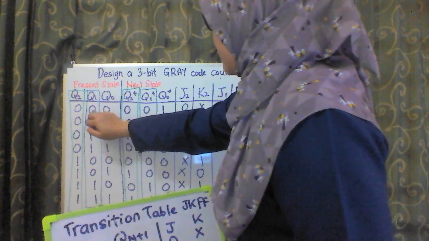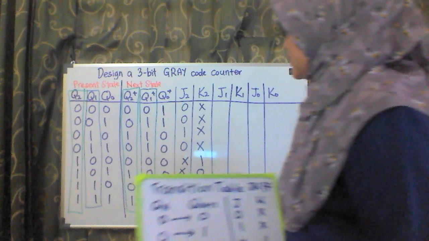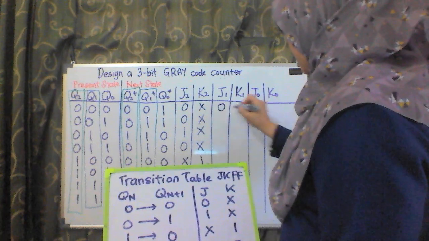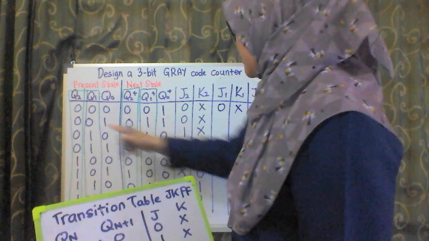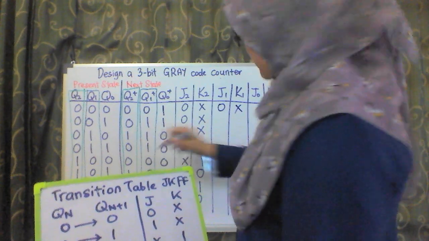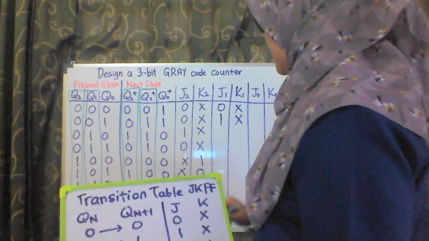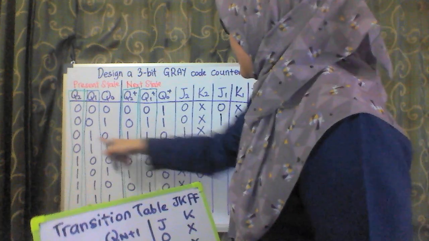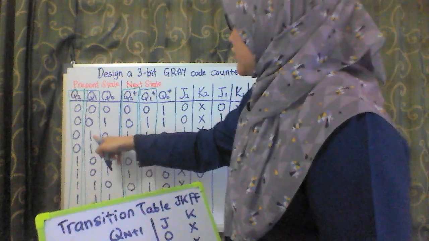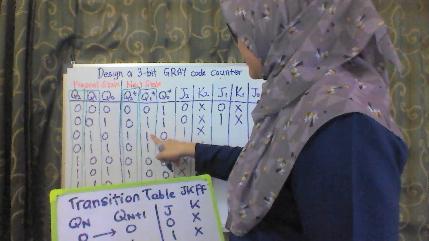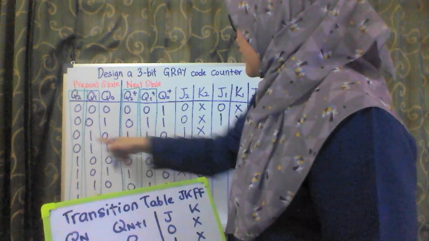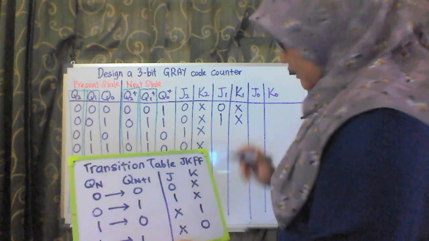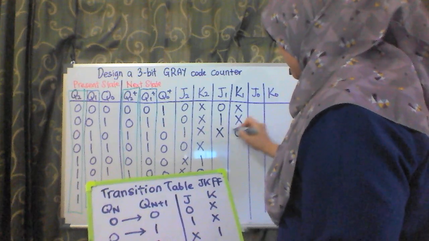If the present state is 0 and the next state is 0, it is 0 and X. 0 and 1, 1 and X. 1 and 0, sorry, 1 and 1. You need to be careful to check on the column and lines. 1 to 1, and the next line is also 1 to 1. 1 to 1 is X and 0.